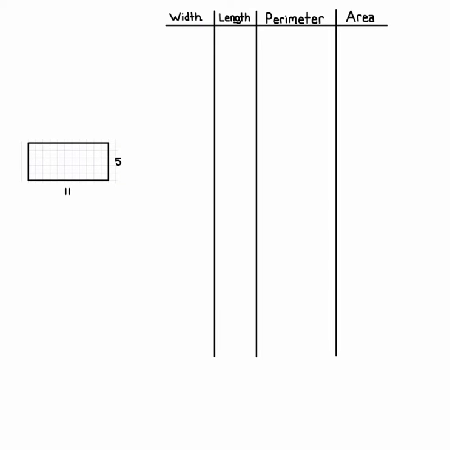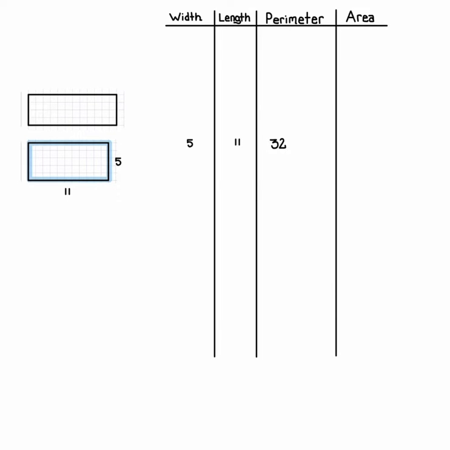To find the distance around, we're going to add 11 plus 5 plus 11 plus 5. So the perimeter of this rectangle is going to be 32. We would like to build another rectangle with the same perimeter.